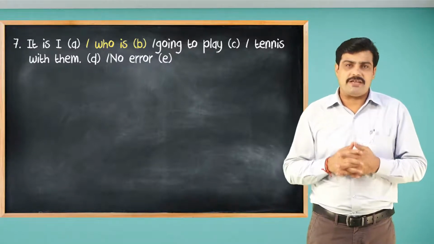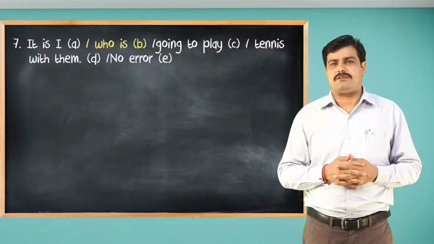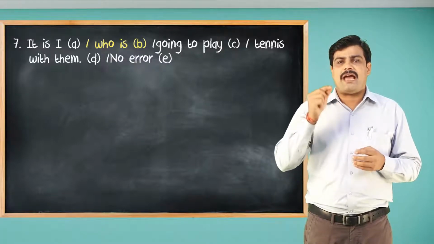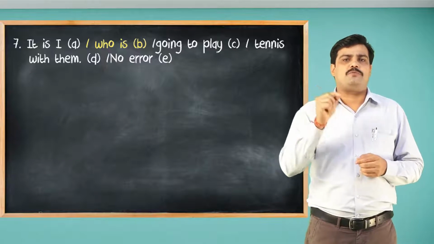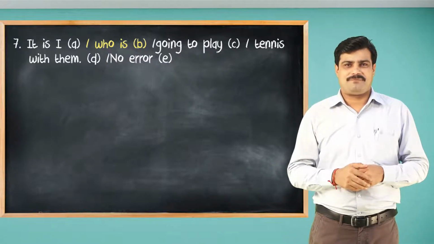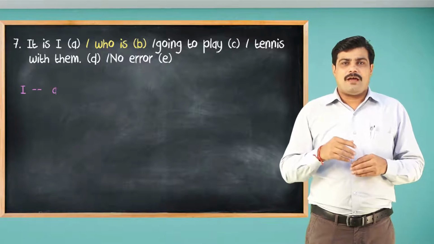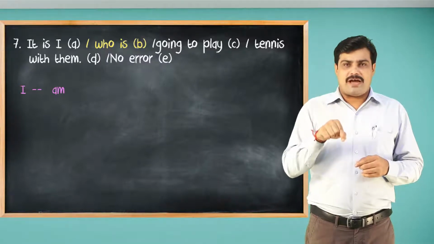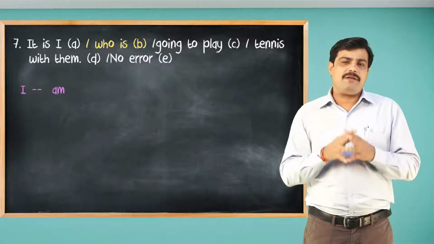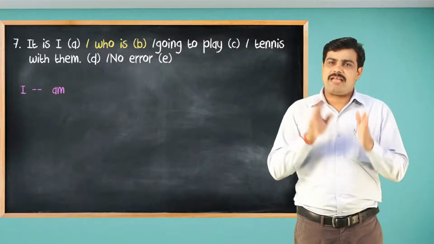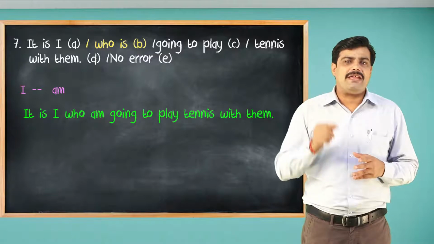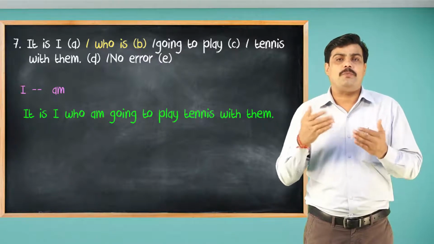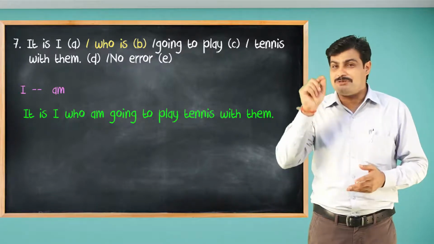It is erroneous, because the helping verb is wrong with respect to pronoun I. Am is used for I. As a helping verb, I requires am. So the correct sentence should be: it is I who am going to play tennis with them.